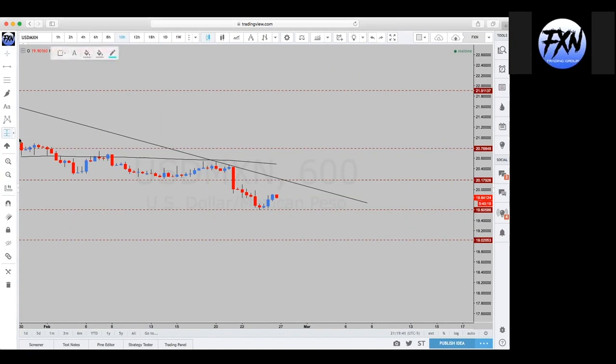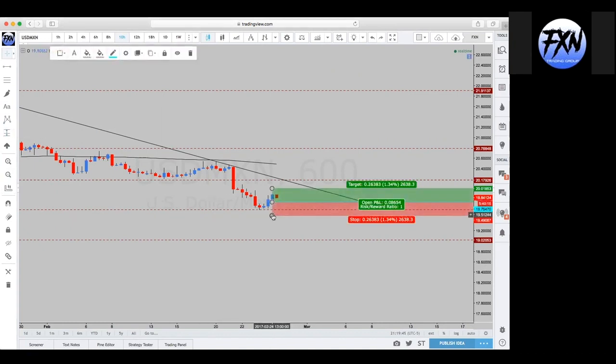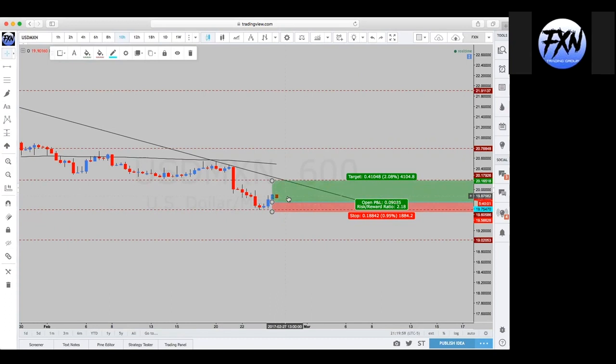So buyers took control of that price. Let me see what kind of range would have been here. So this potential trade would have given you 2-to-1 if you would have been, obviously, paying attention to it.